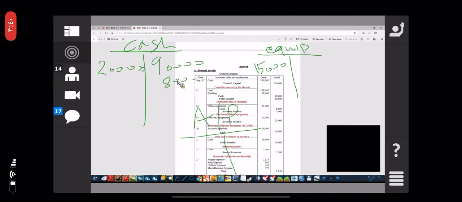You will put it here, 8,000. And account payable credit 7,000. Clear, VC? Okay, so this is the posting for account payable, credit.